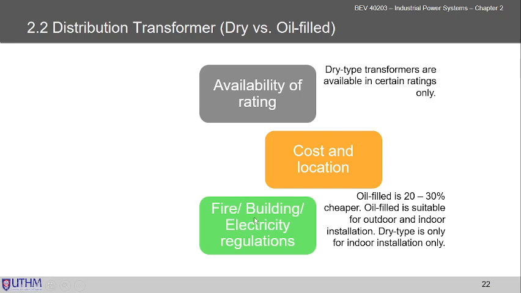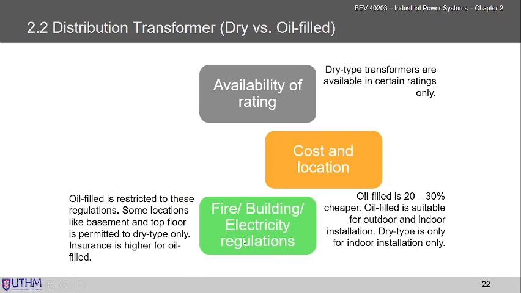Another consideration is the fire building and electricity regulations, because we need to buy insurance to protect against unwanted accidents, for example an explosion. So we are tied to the fire building and electricity regulations. The oil-filled is restricted by the regulations, because if you do not maintain the oil wisely, it might cause an accident and explosion.